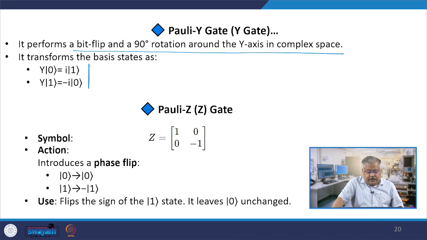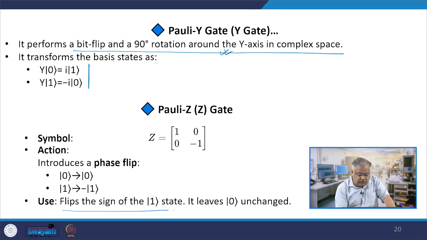When you look at the Pauli Z gate, the principal diagonal is now 1, minus 1, and the off principal diagonal is 0, 0, and it introduces a phase flip. So till now, the Pauli Y gate was responsible not only for a phase flip, but also for the transformation of the basis states. Whereas the Pauli Z gate flips the sign of the ket 1 state.